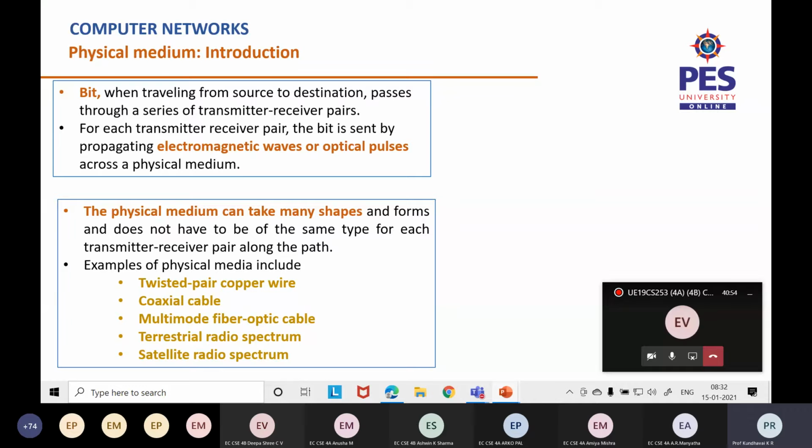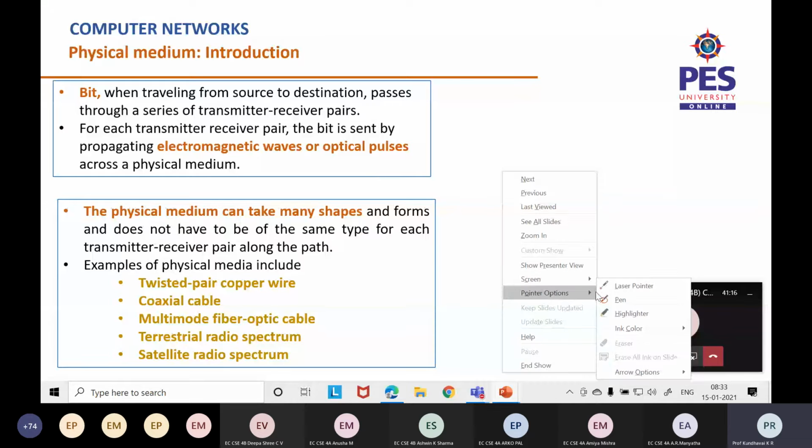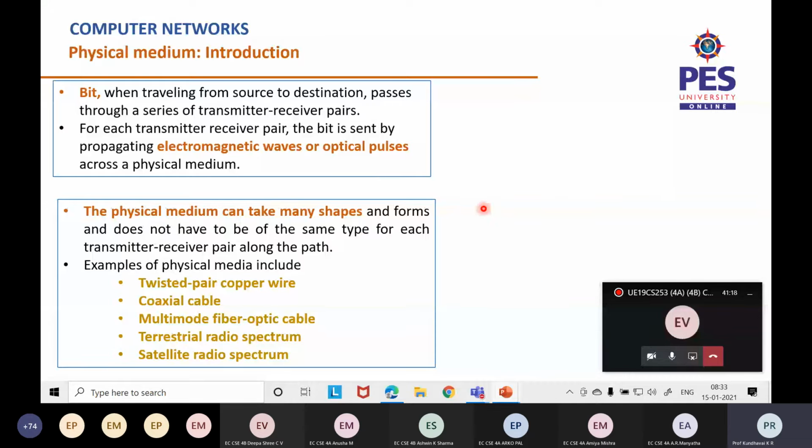When it comes to transmission, from source to destination, what travels is a bit, through a series of transmitter and receiver pairs. The bit is normally sent in the form of electromagnetic waves or optical pulses.